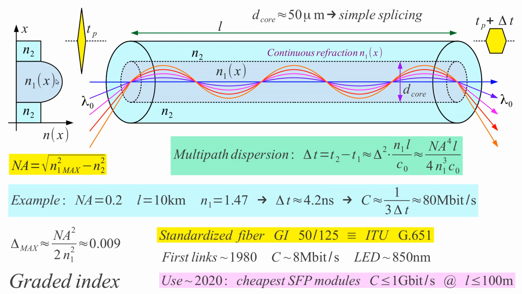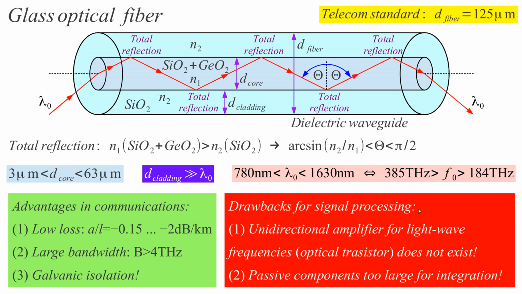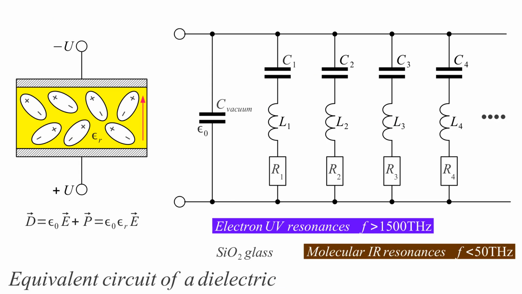Using a graded index in the core allows us quite a useful communication rate, but this is not what the fiber could do. The fiber actually has much more bandwidth available. For 4 terahertz bandwidth, Shannon promises us a much higher capacity than we could get from graded index fiber. Where was the real reason behind the graded index fiber? The real reason was splicing.